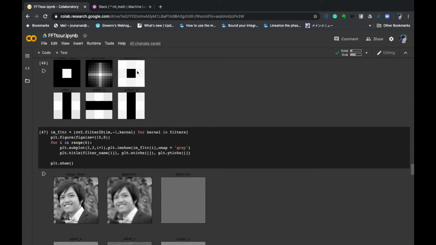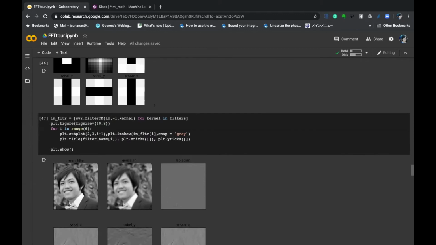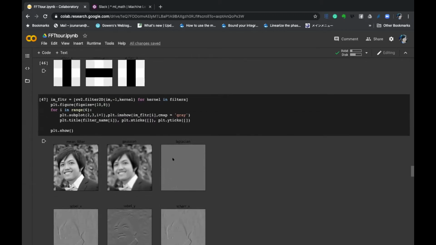So you can actually see here that the Laplacian is black in the middle and white outside, meaning it kills the frequency near zero, and only the frequencies away from zero are alive. So those are higher frequencies. So that is why the photo looks like this. And it's only the higher frequency.